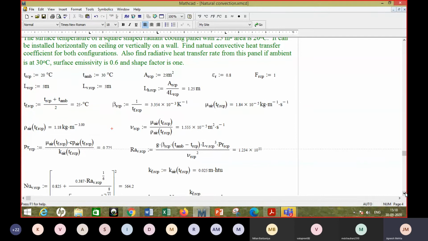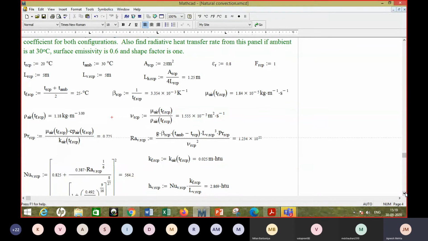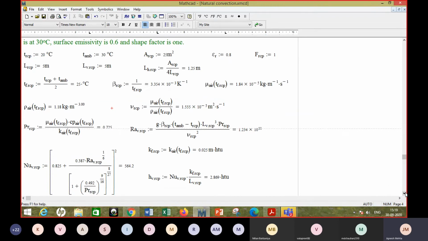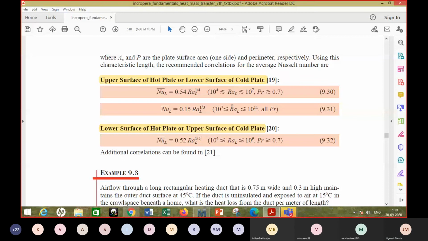And the Rayleigh number as per the formula g beta delta T, cube of length, divided by nu square, into the Prandtl number, comes out to be 1.234 into 10 raised to 11. Okay, so as per this, this is up to 10 raised to 11 actually, right?